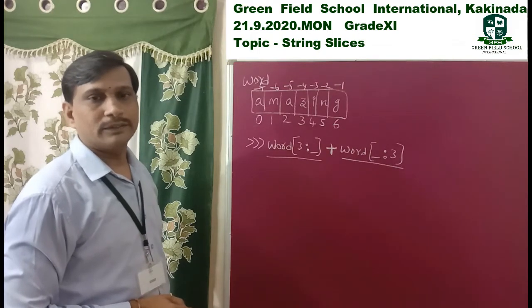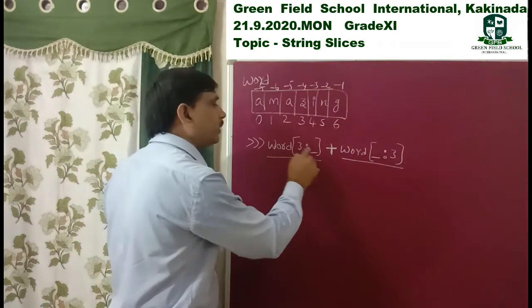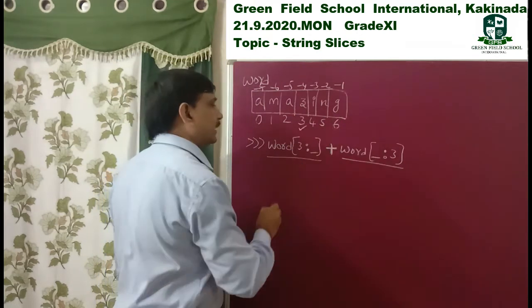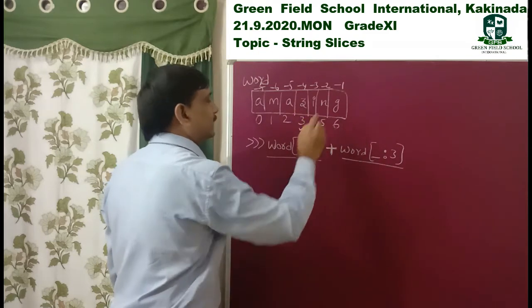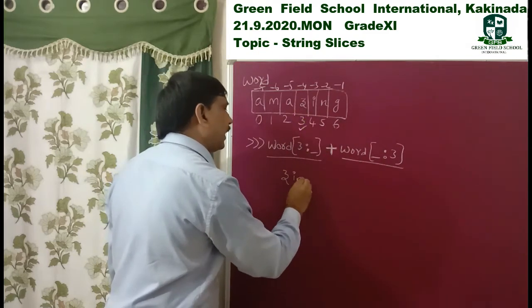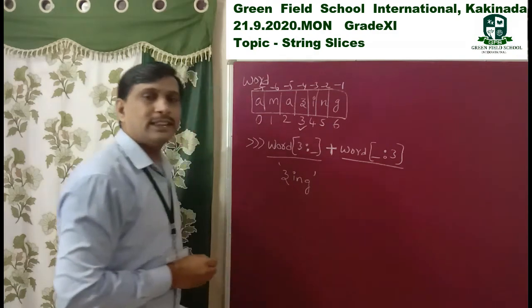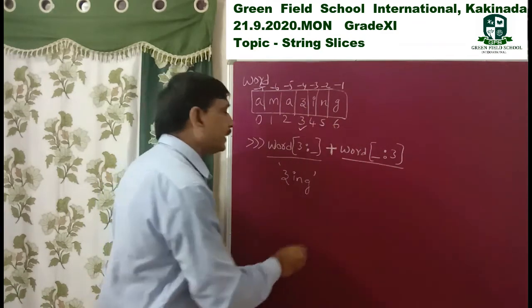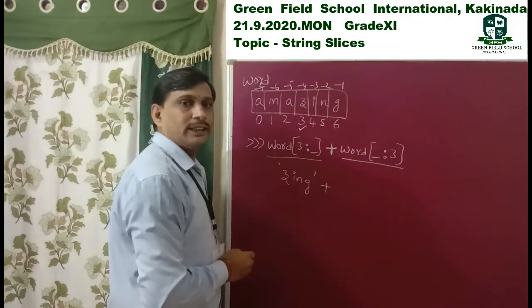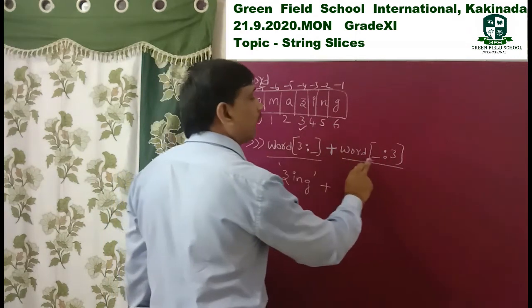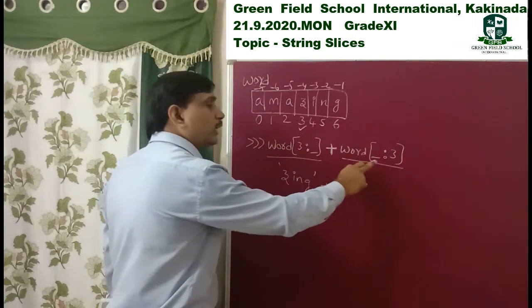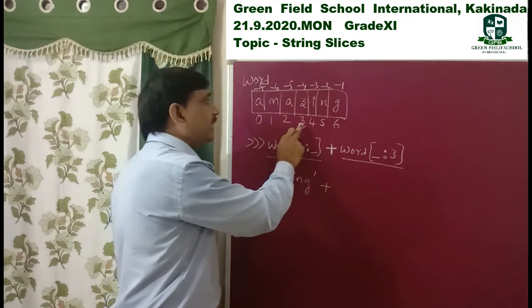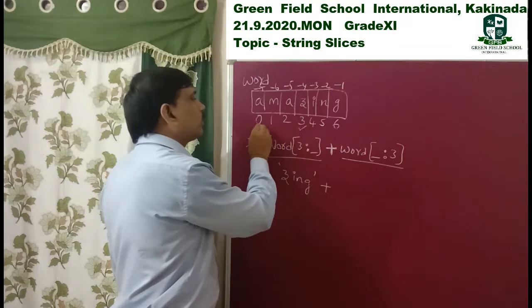Then what will happen? The output of word of 3 to accesses from 3 to the last character. So here it gives ZING, 3, 4, 5, 6. Then this is concatenated with word of, where you do not specify any starting number, that's why it starts with 0 to 3. 3 means before 3, up to 2.